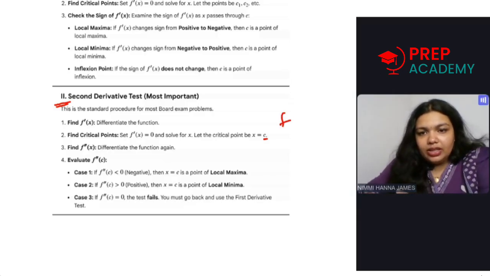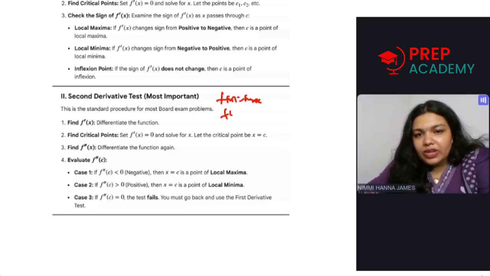Let's take an example, f of x equal to sin x. We first differentiate: f dash of x is equal to cos x.